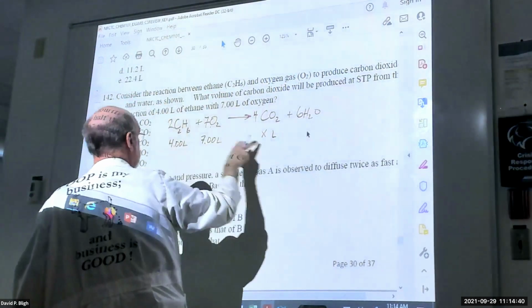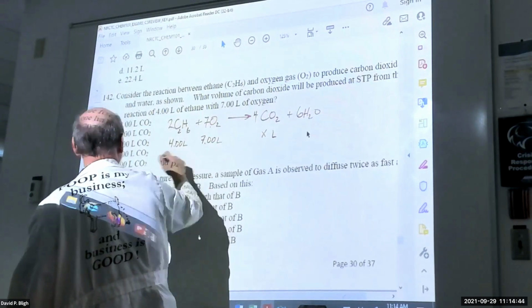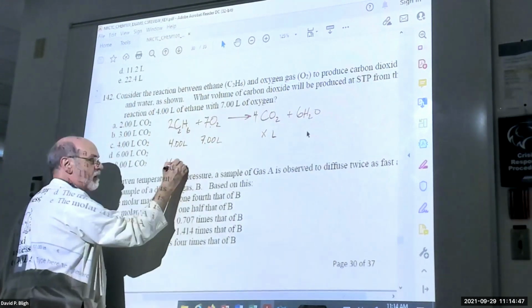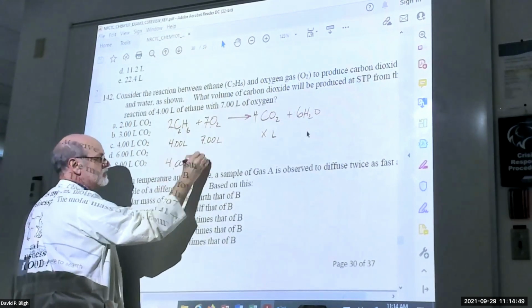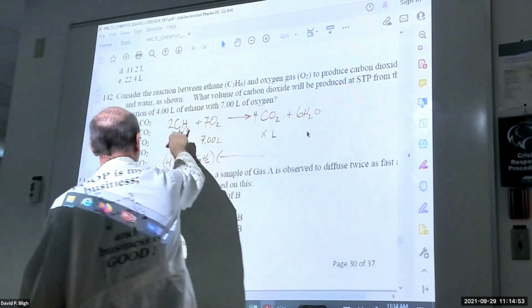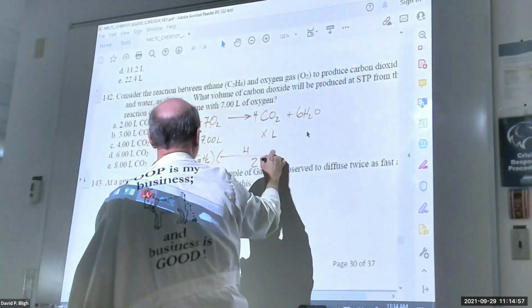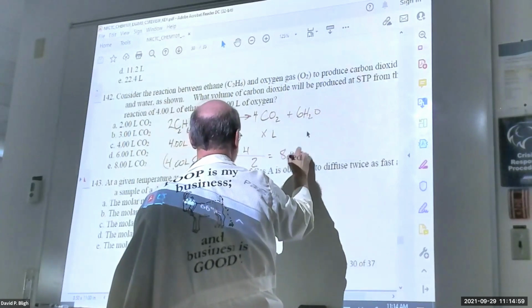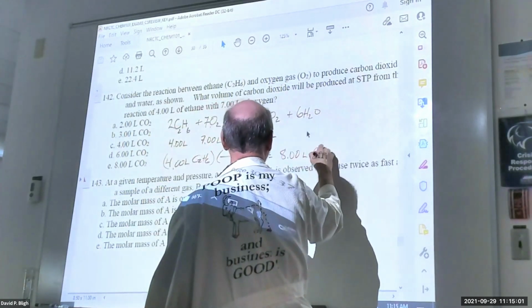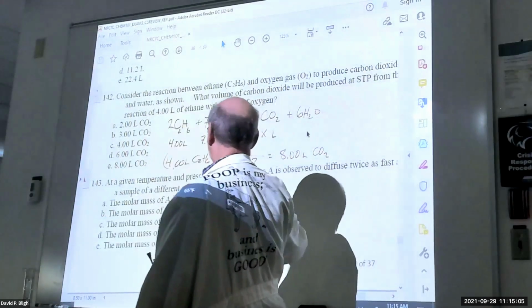How many liters of this would be produced? Well, 4 liters of C2H6, we can use our coefficients. So 2 for that one and 4 for this one, which means 8 liters of carbon dioxide if we use all this up.